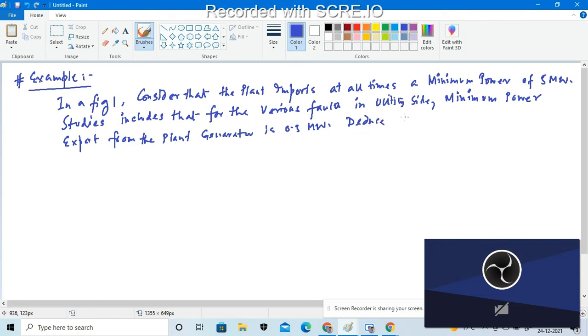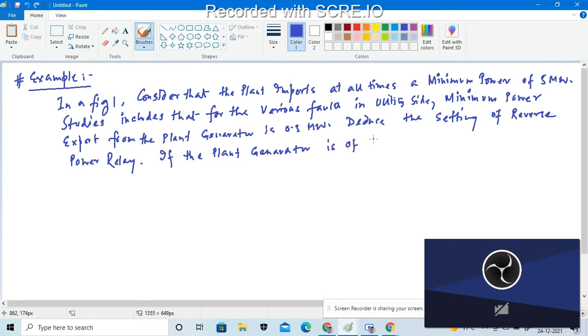Then deduce the setting of the reverse power relay, if the plant generator is of 500 megawatt capacity.